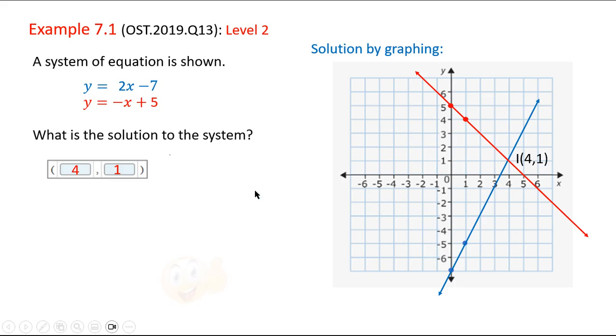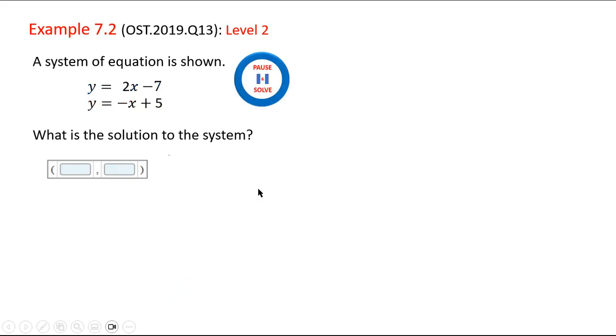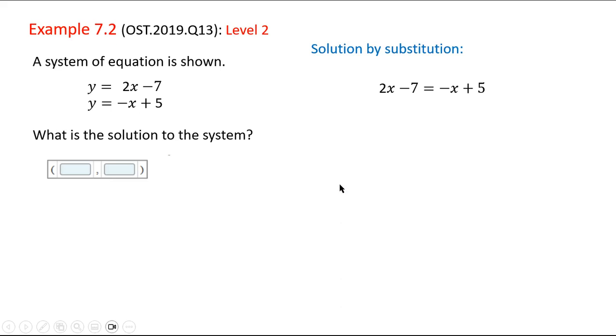Now we can do the same question using substitution. So I'm going to take this y from here and put it here. Now I need to move this x to here. So I add x here. 3x minus 7 is equal to 5. I have to move this 7 to the other side. 3x equals 12.